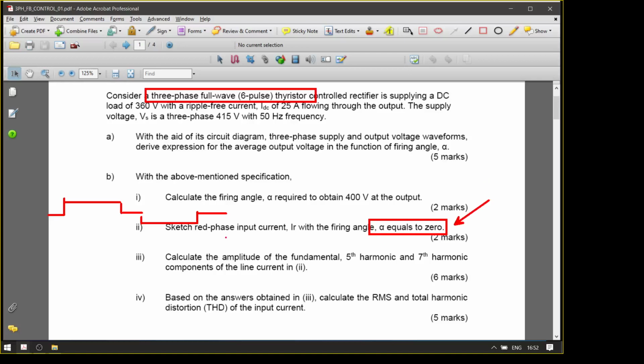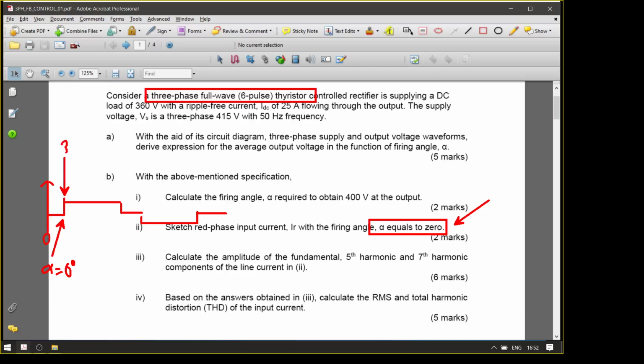Alpha equals to 0. So if you refer to that 0 axis of the y-axis, this is 0 seconds or 0 degree here.